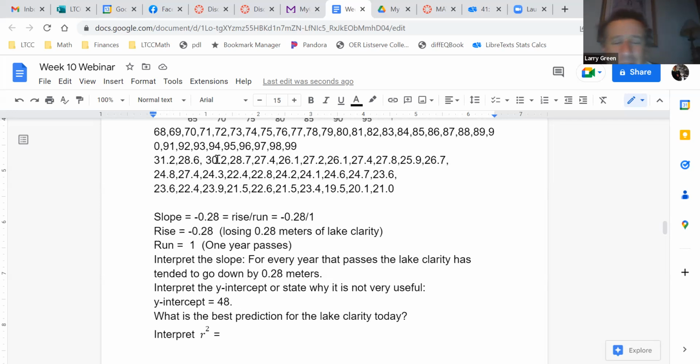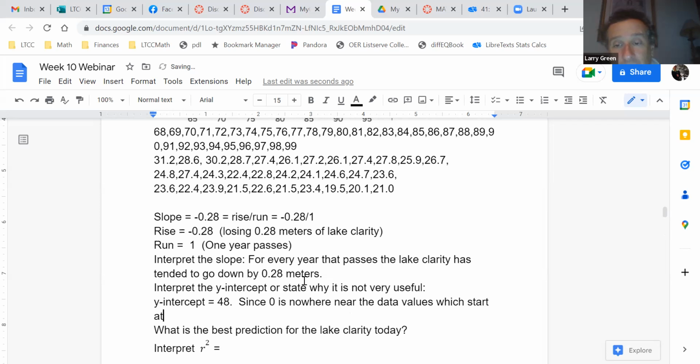And it's probably not very helpful. Does that make sense? So since 0 is nowhere near the data values, which start at 68, the y-intercept is not very useful.